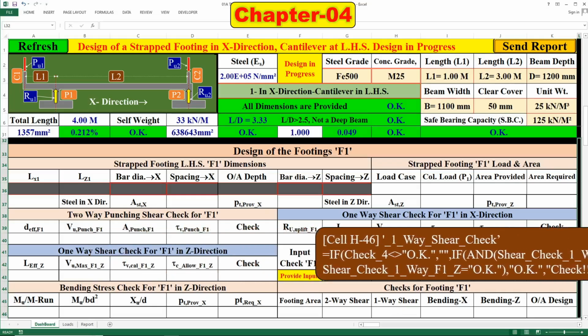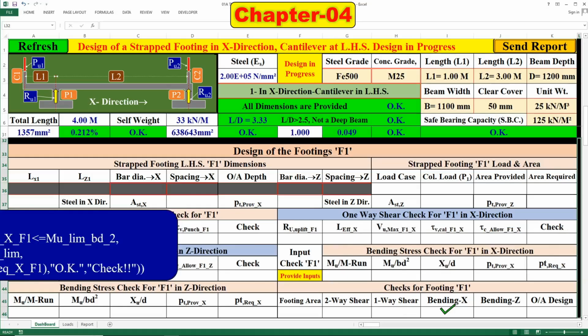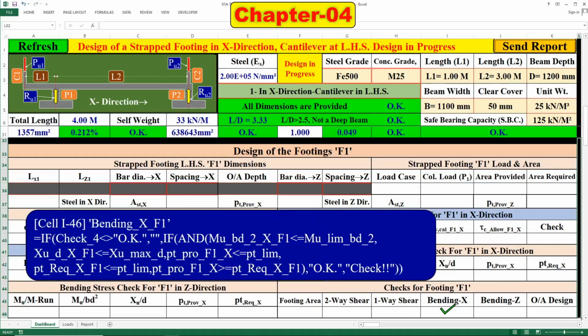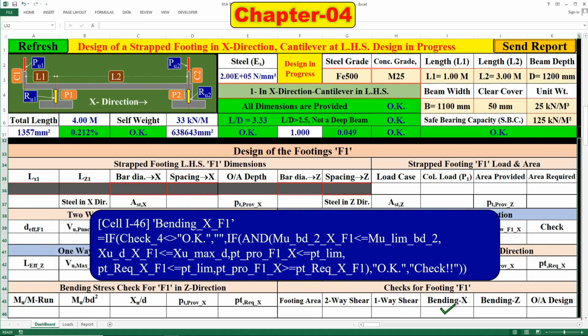Next is the check for bending in the X direction in cell I46. The defined name of the cell is bending_X_F1. Here, Excel will first check _4. If it does not find check_4 equal to OK, this cell will remain blank.